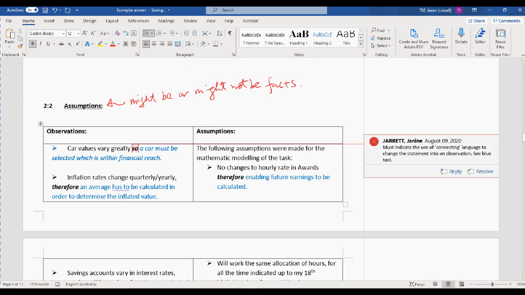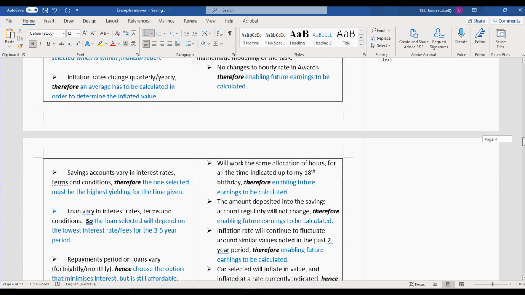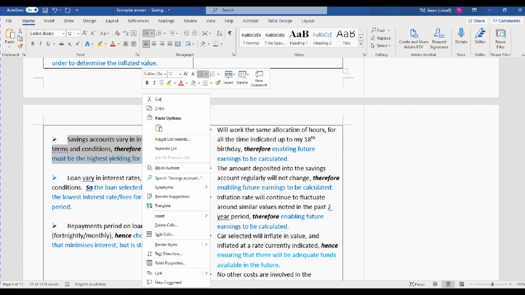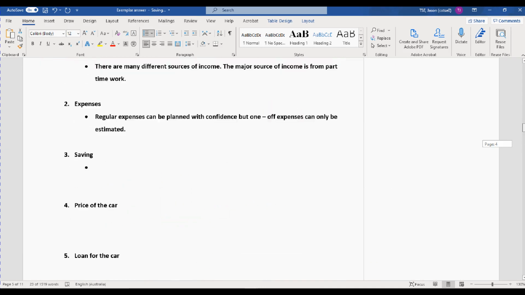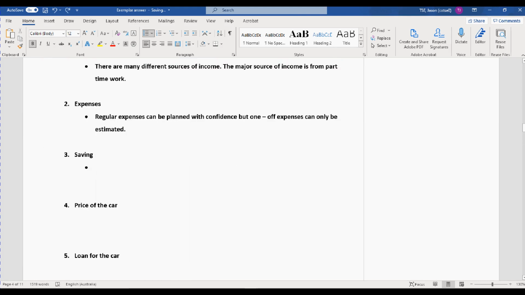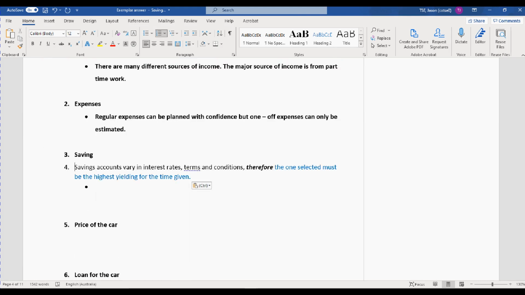Car values, not. Inflation rate, not. Saving accounts vary in interest rate, terms and conditions. Yeah, so that might be the one. Okay, so I need to edit that.